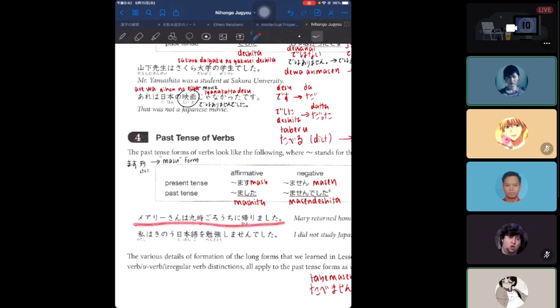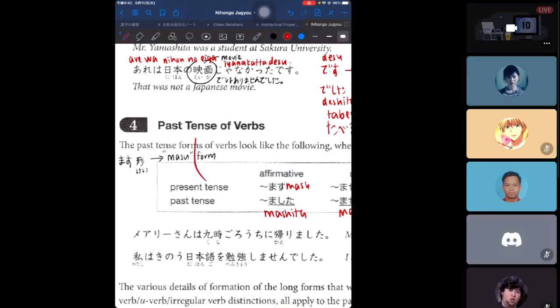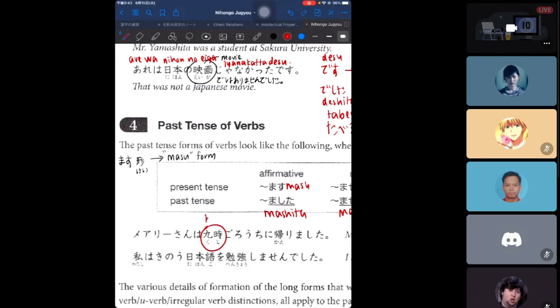So maybe the first one, dozo. メアリーさんは9時頃、うちに帰りました。Mary-san wa ku-ji goro uchi ni kaerimashita. 9時 is 9 o'clock.